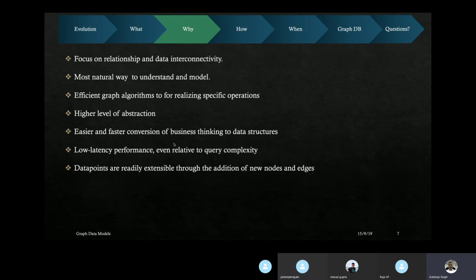Because relationships are at the same level as entities, doing that in a relational model would be a very tedious job. You have to jump from table to table to table to understand what foreign key and primary key relationships are there to get the whole path. Here, it's much easier because it's stored that way.